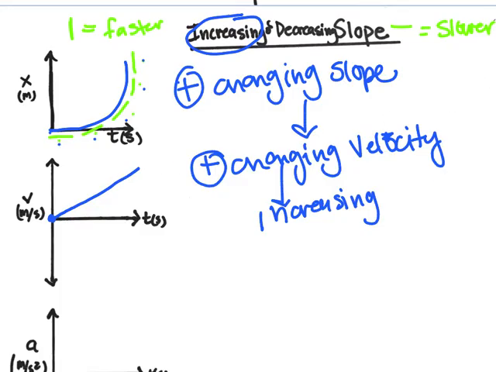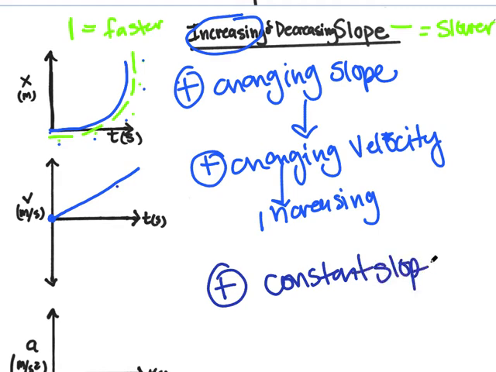All right, but let's talk about the slope of this line, of this velocity time graph. The slope of that line is positive, and it is constant. We have a positive, constant slope. Now remember, the slope of the line and the line itself are different. This line shows an increasing y variable, which just happens to be velocity in this case.